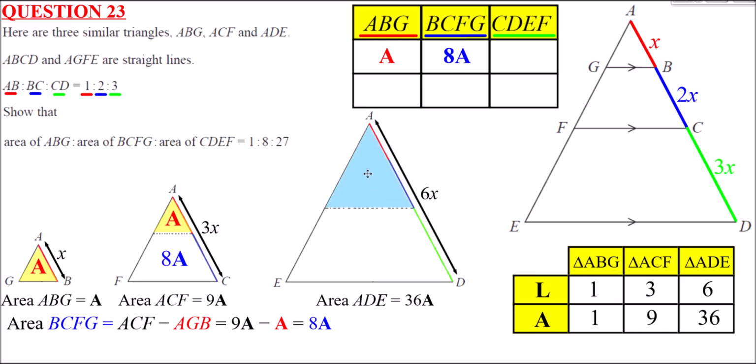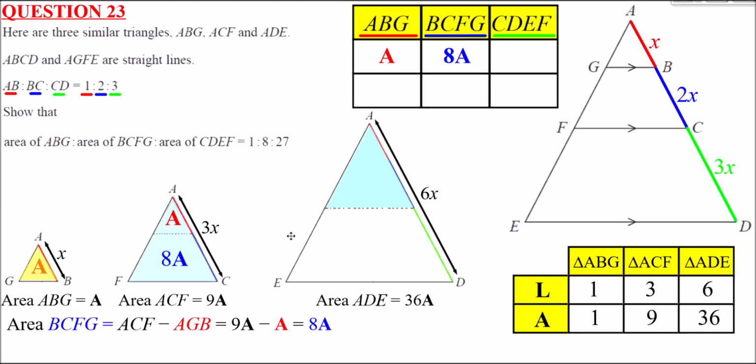So if we now consider CDEF, which is this bottom bit here, from C to D to E to F, it is the whole of the large triangle, just apart from triangle ACF on top of it. So if I were to take this blue triangle away, ACF, which is the same as this one, if I took this away, this would have an area equal to 9A.